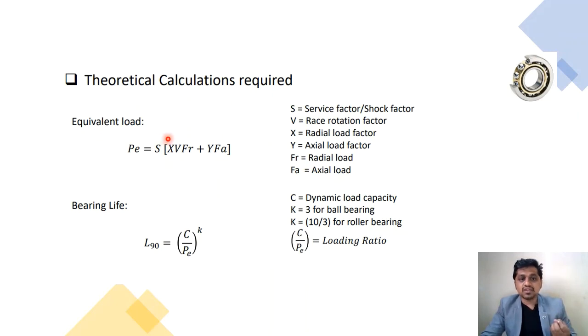This is the equivalent load which takes into consideration the radial and axial load. There are other different factors also on the bearing life, so we can theoretically also calculate this data, but it takes a long time. That's why we can use the SKF bearing selection tool effectively to select our bearing, and it gives us the total summary, and we can save it for reference.